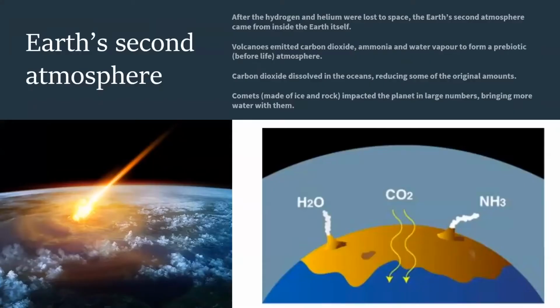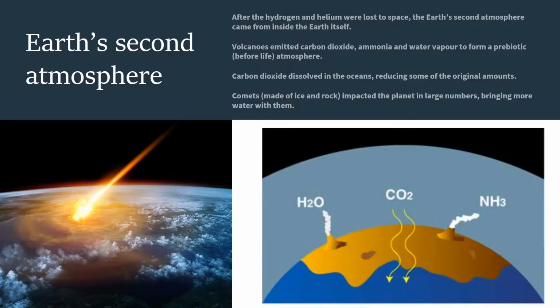Okay, so the second atmosphere. After the loss of that, we then have volcanoes. Remember, it's molten still, very volcanic. They emitted carbon dioxide, ammonia, and water vapor to form a prebiotic atmosphere. That means before life. No life still at this point.